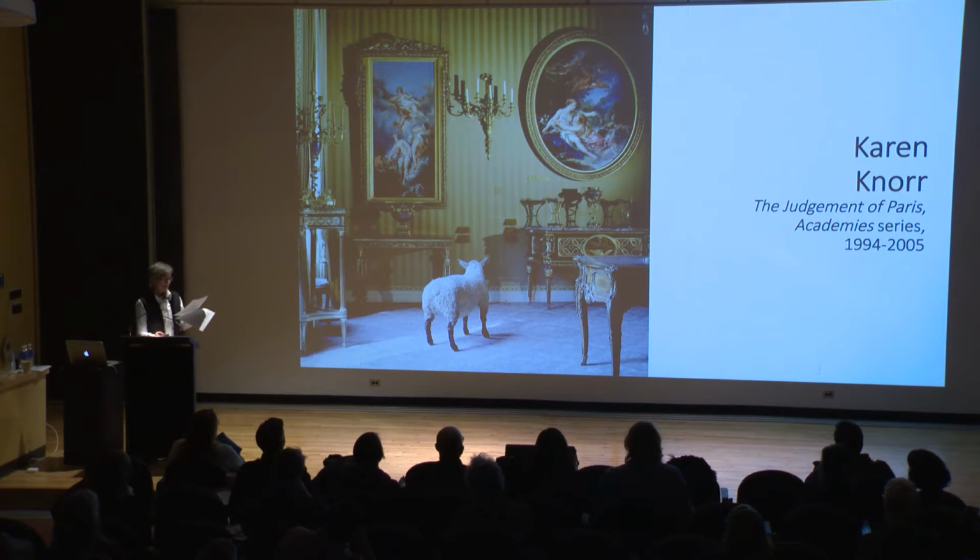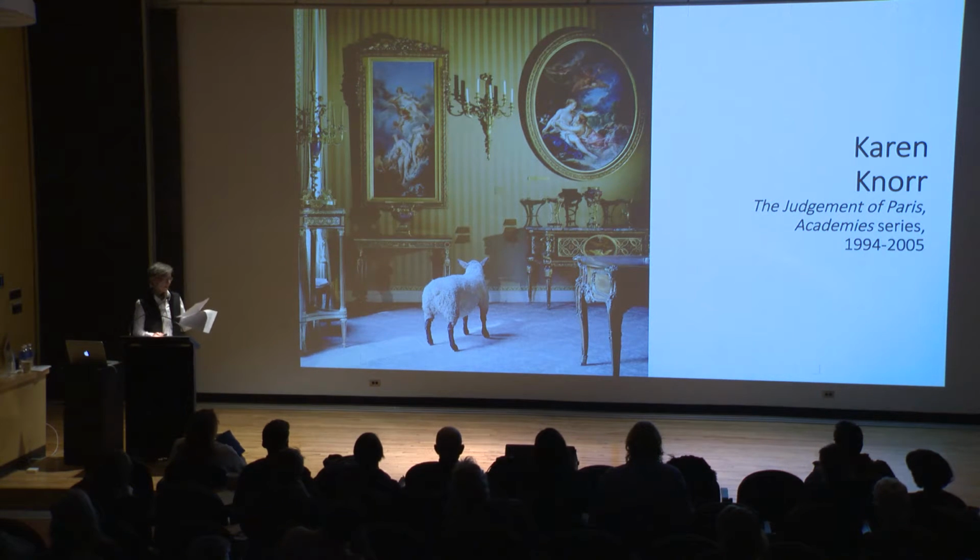We can certainly see this kind of critical engagement in the photographs of Karen Knorr, who in her Academy series relocates and reanimates museum taxidermy within the lavish interiors of European academies to examine the relationship between the production of Western art therein and the transmission and reproduction of aesthetic ideals through the museum.